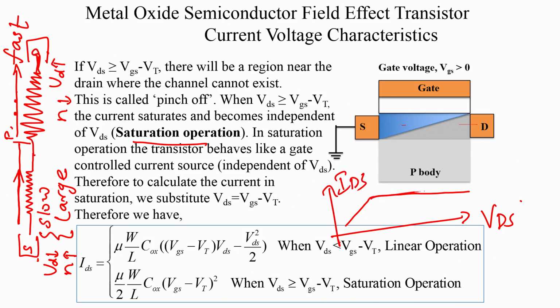And what is the equation for saturation? We simply say that the moment this point is pinched off, the current is the same as the last value of the linear current.